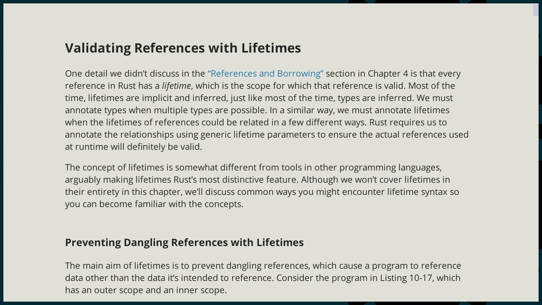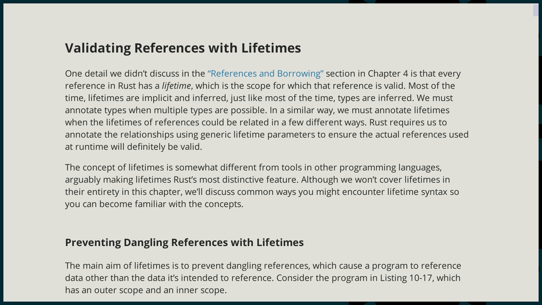Validating references with lifetimes. One detail we didn't discuss in the references and borrowing section in Chapter 4 is that every reference in Rust has a lifetime, which is the scope for which that reference is valid. Most of the time, lifetimes are implicit and inferred, just like most of the time types are inferred.